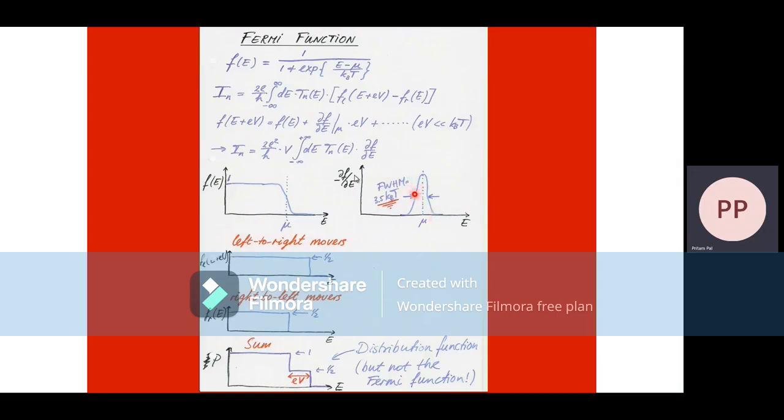And these two classes of particles actually have different chemical potentials, right? One corresponds to the chemical potential of the left lead, and the other corresponds to the chemical potential of the right lead.